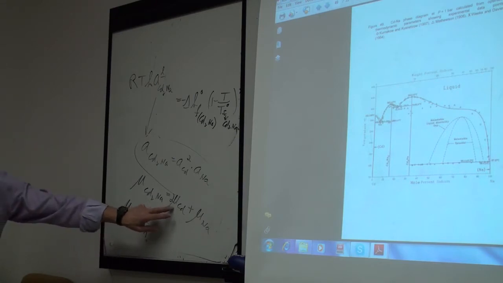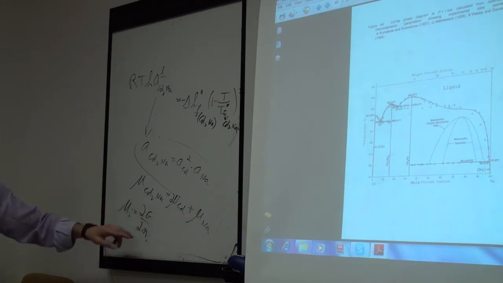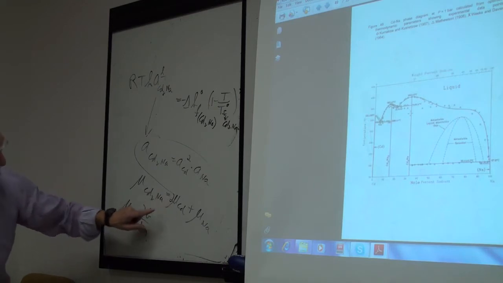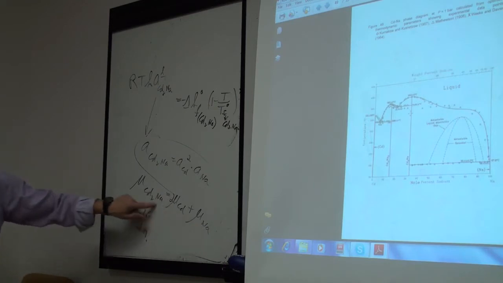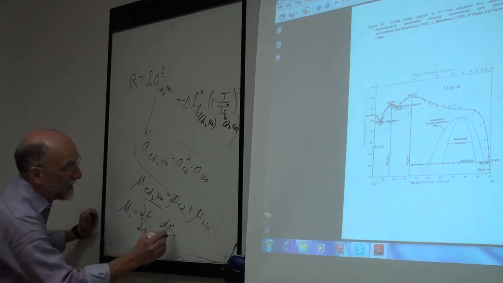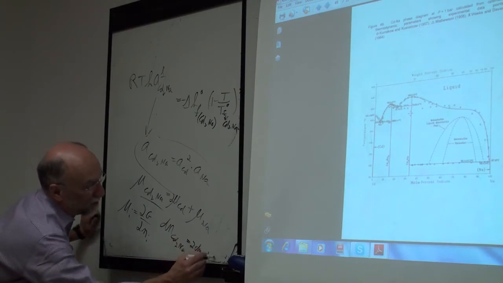If I add dN moles of sodium and 2 dN moles of cadmium, then I've got dG is equal to 2 mu cadmium plus mu sodium, but it's the same thing. Adding dN moles of Cd2Na is 2 times dN cadmium plus dN sodium.